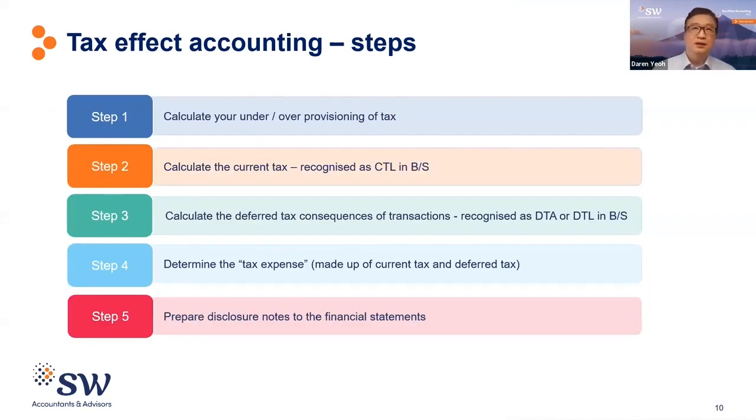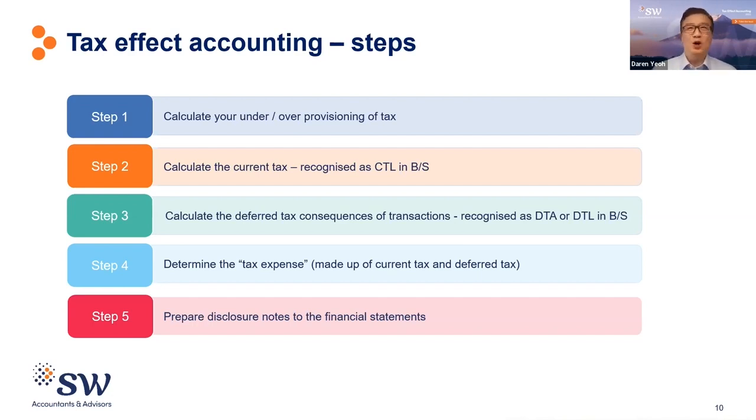So this is our normal steps when we perform tax effect accounting. We will roll over our prior year balances, our prior calculations, and calculate our under and over provisioning of tax. This is referred to as a true-up entry. In the second step, we'll prepare our statement of taxable income and calculate our current tax.